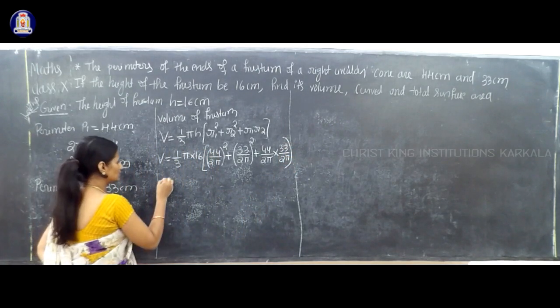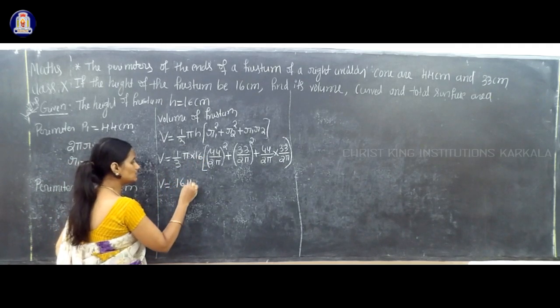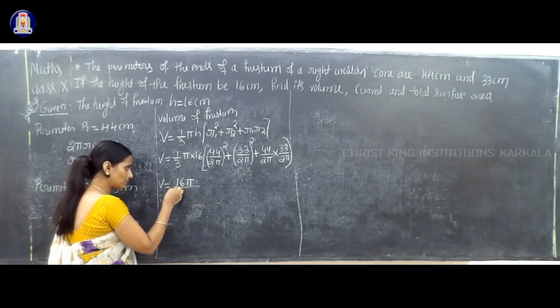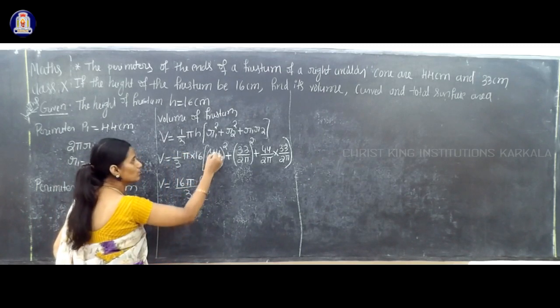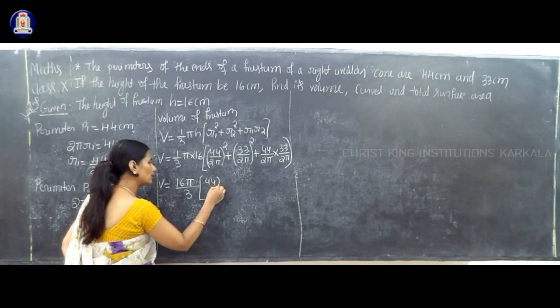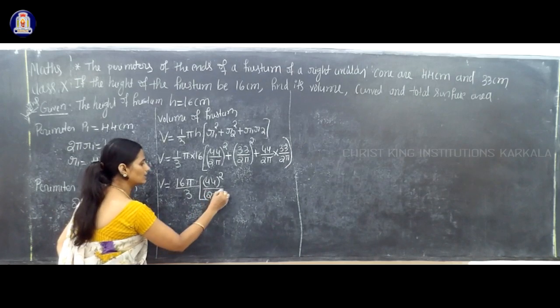So now V is equal to 16 into pi, that is 16 pi divided by 3. So 44 divided by 2 pi square means 44 square divided by 2 pi square. Is it right?